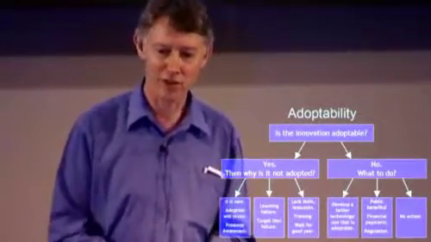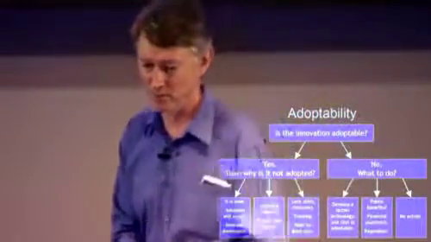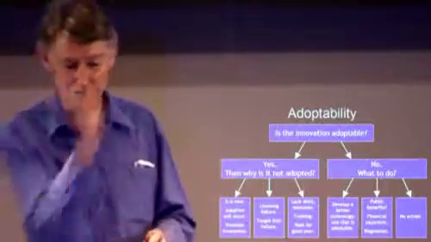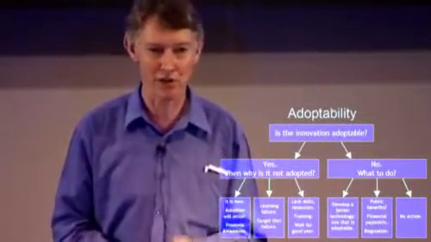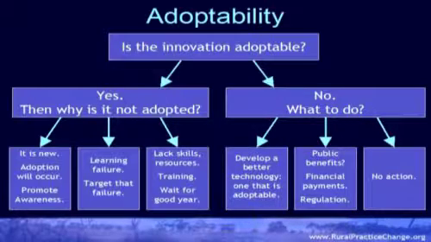What if you look at the innovation and evaluate it critically, perhaps using the approach that Jeff Kane presented to us, and you've decided it's probably not sufficiently adoptable. Maybe there's only 5 or 10% of farmers would be willing to adopt it, but you've decided that for your environmental purposes you need 50, or 80 was mentioned earlier on. What do you do then? Well, one option is to develop a better technology, one that is adoptable.